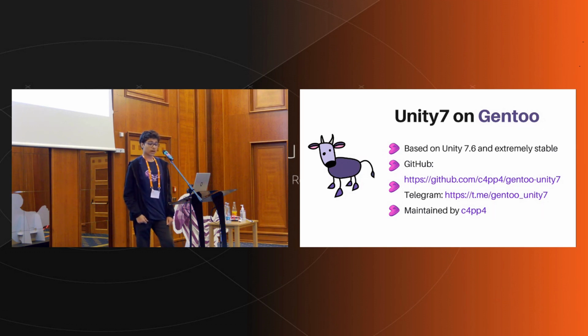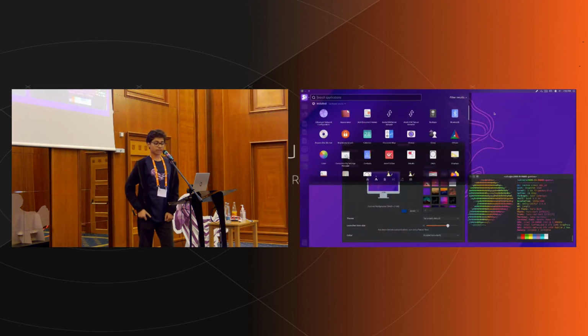So, yeah, I've given the links for the GitHub repository and the Telegram group in this slide. And this port is maintained by C4PP4, who I would like to give a huge shout out to. So here's a screenshot of Unity 7.6 running on Gentoo.